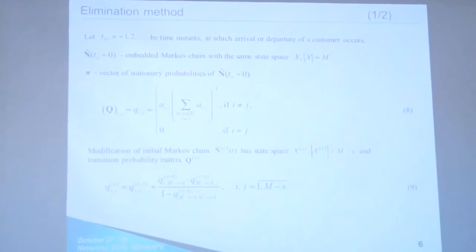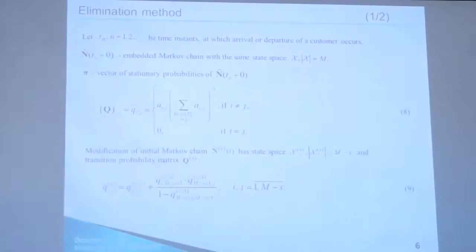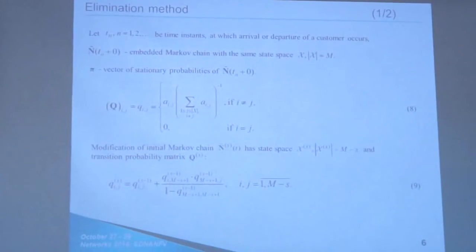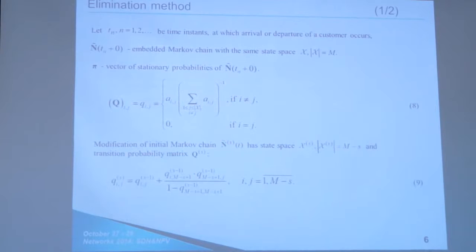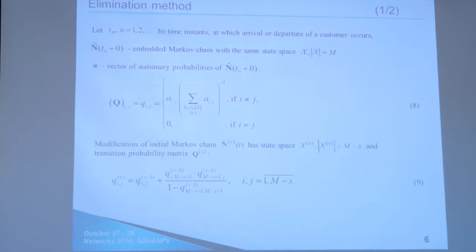It's based on the elimination method. Firstly, we define time instances at which an arrival or departure occurs. Then these time instances form a Markov chain with the same space of states. Transition probabilities for this Markov chain can be derived from the matrix A by formula 8. Then we start the elimination method.